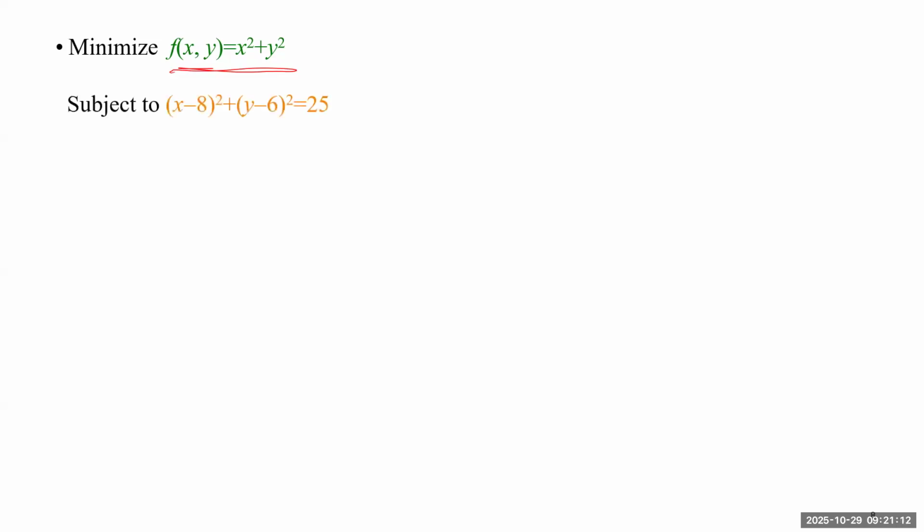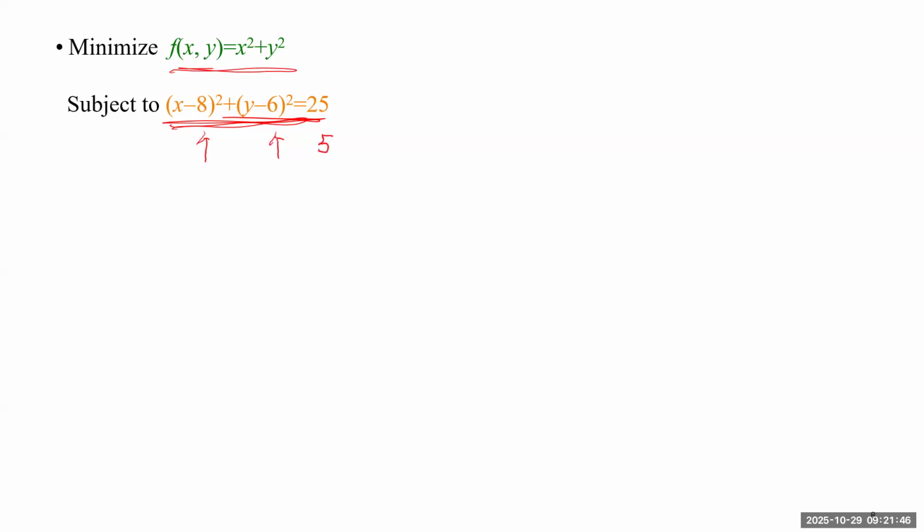But now we add an equality constraint. We want any points staying on this equation, and we find the minimal distance to the origin. So what does this equation tell us in geometry? You can quickly recognize it is a circle, centered at 8 and 6 with a radius of 5, right?